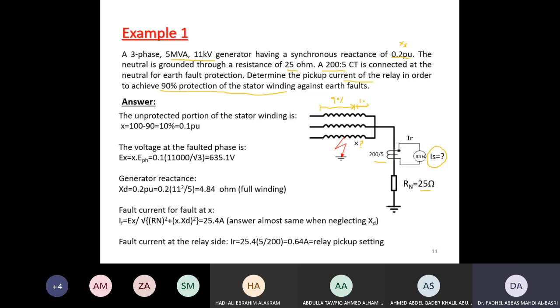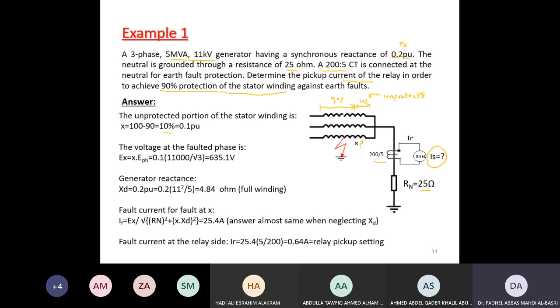The remaining 10% is unprotected, and this is our X. So X is 100% minus the protected portion, which is 0.1.